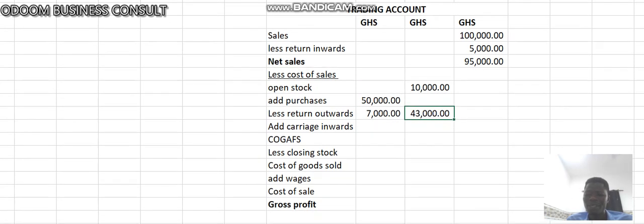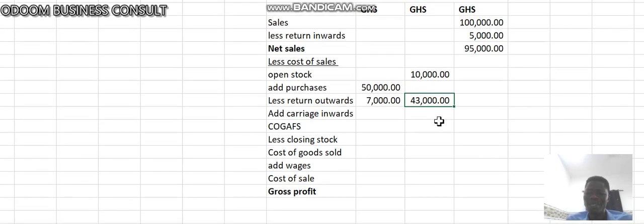Now, let's continue. Having this 43,000 and this 10,000 opening stock, ideally would have been the total amount that we incurred in selling the commodity. But it's possible that when we purchased the items from our suppliers, we took a vehicle. There were some vehicles that brought the items into our company.